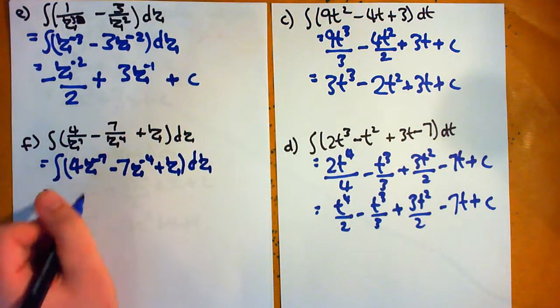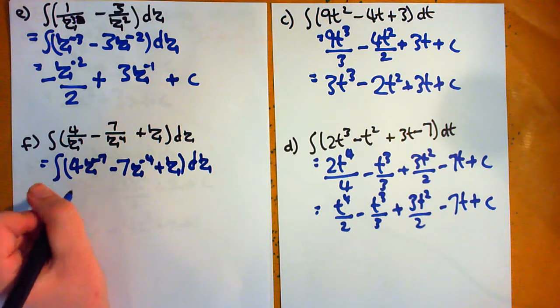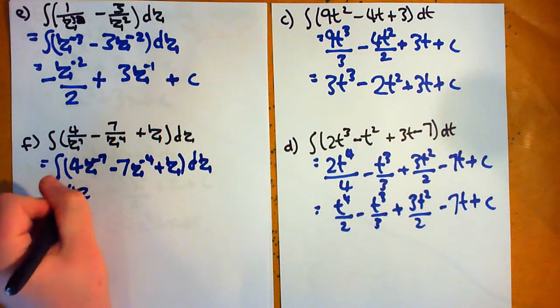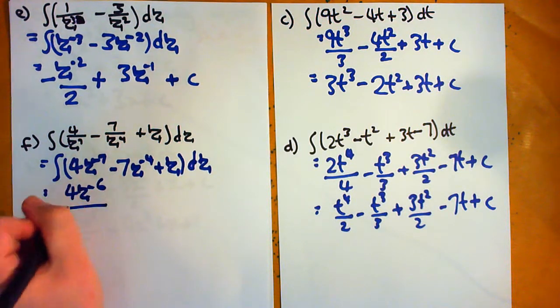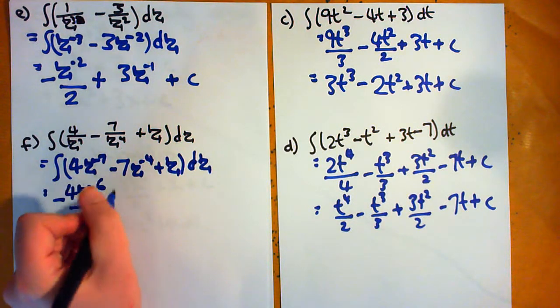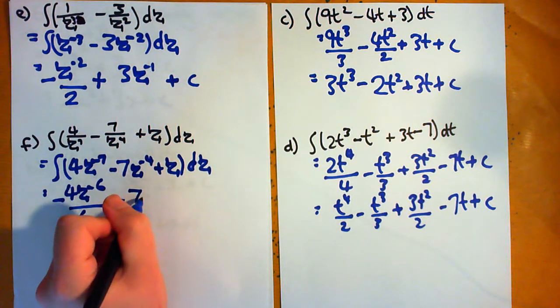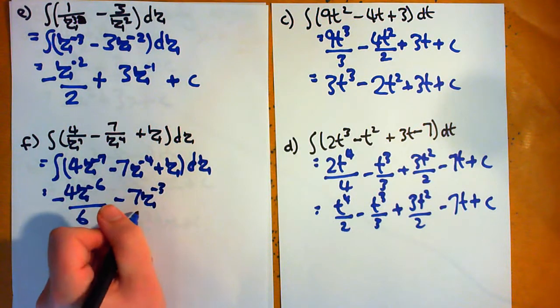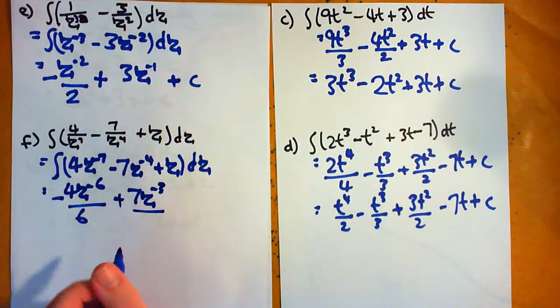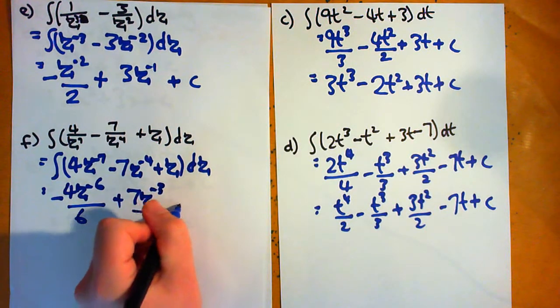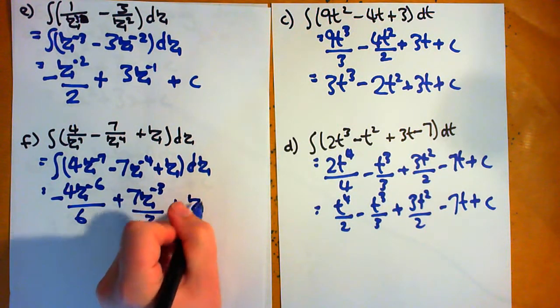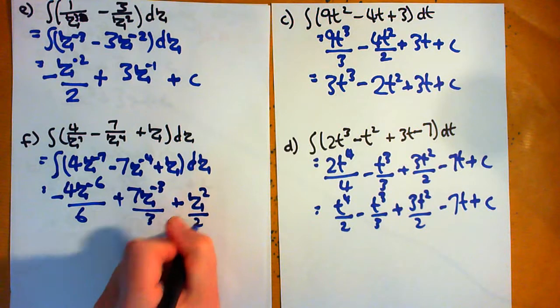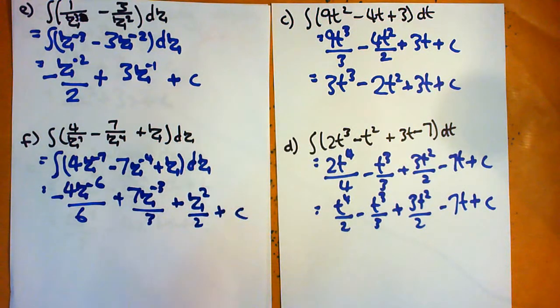So if we integrate 4z to the minus 7, we get 4z to the minus 6 divided by minus 6 minus 7z to the power of minus 3, and we divide that by minus 3, so make that a plus, plus z to the power of 2 over 2 plus constant.